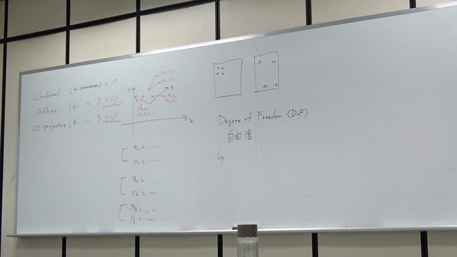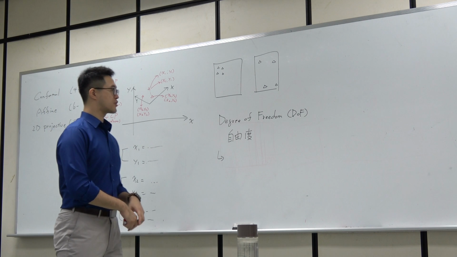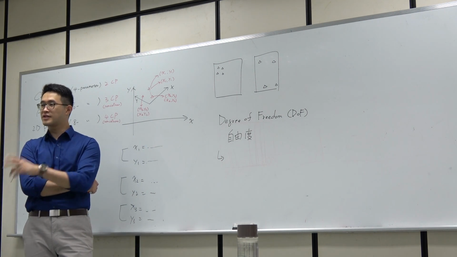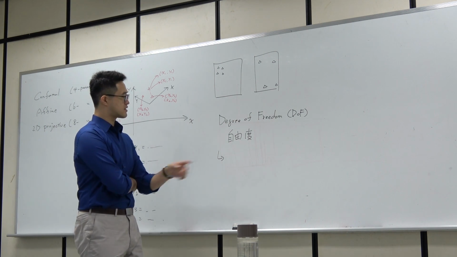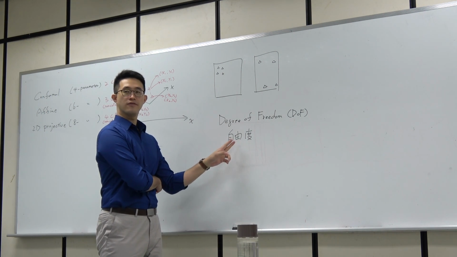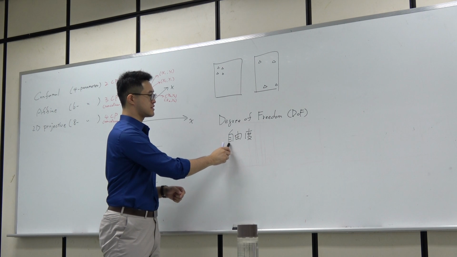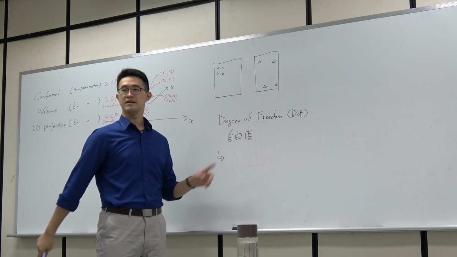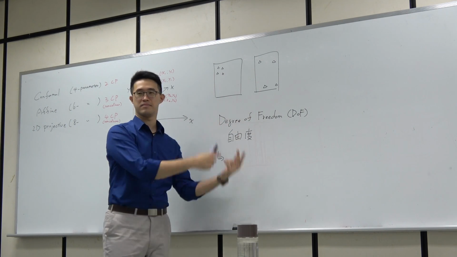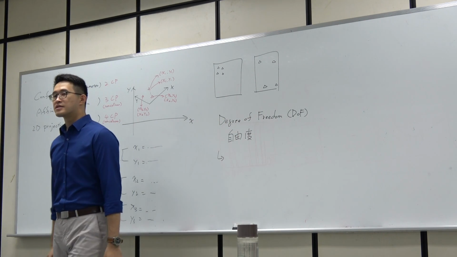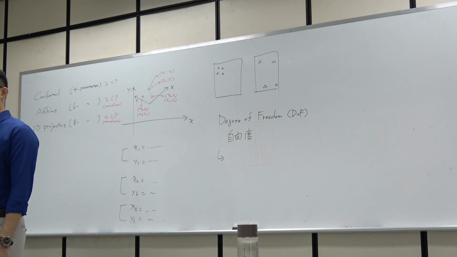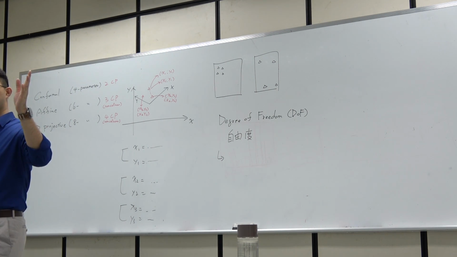I think we haven't defined it. So degree of freedom, DOF, or in Chinese, 自由度. Freedom is 自由, and 度 means degree, right? So, what is degree of freedom? Let me ask, what's your degree of freedom?